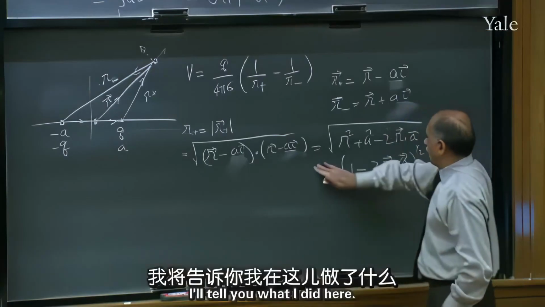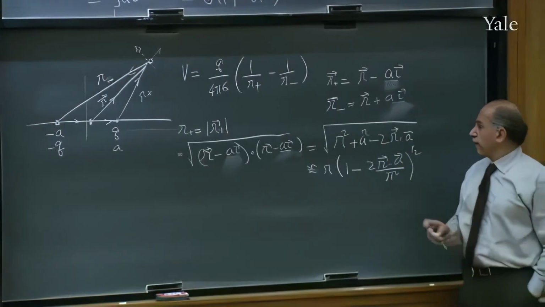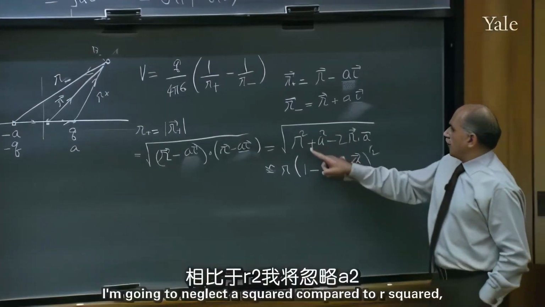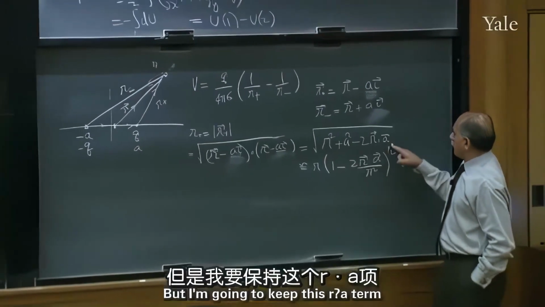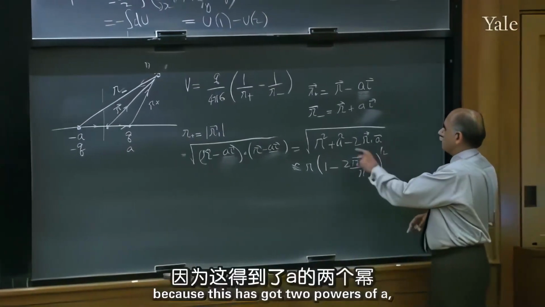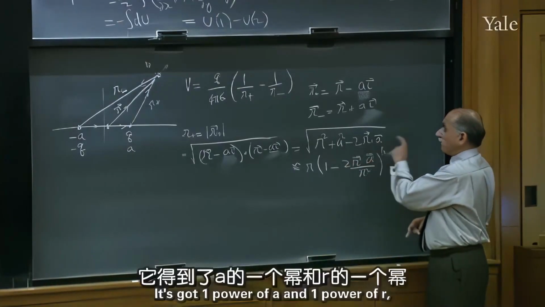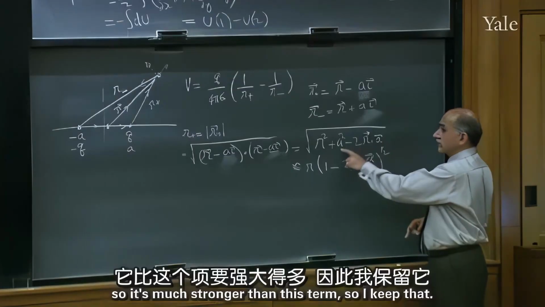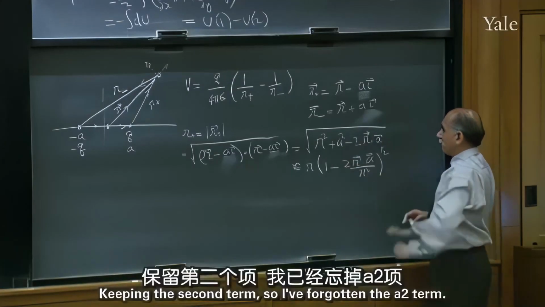I'll tell you what I did here. I'm going to neglect A square compared to R square because R is much bigger than it. But I'm going to keep this R dot A term because this has got 1 power of A and 1 power of R. A is a small number, so it's much stronger than this term, so I keep that. So I've forgotten the A squared term.